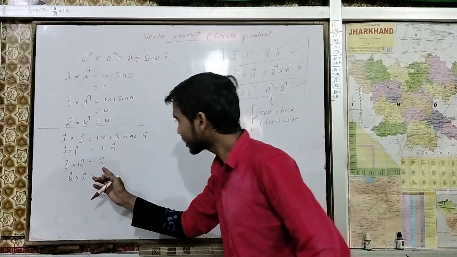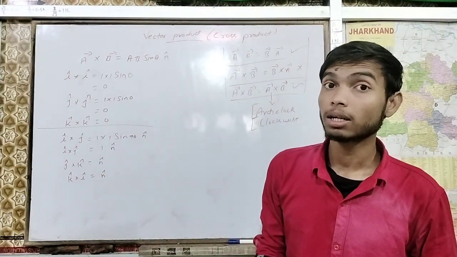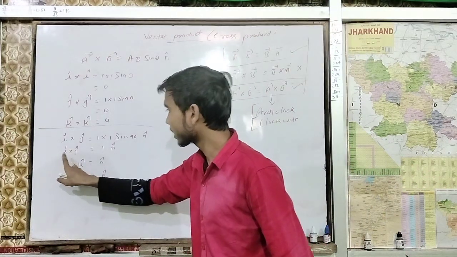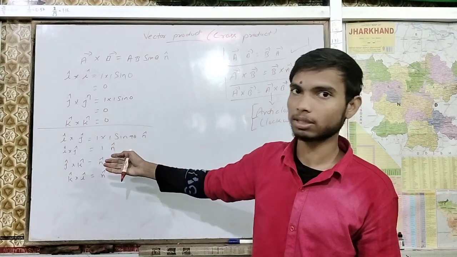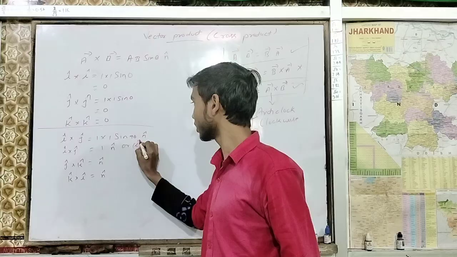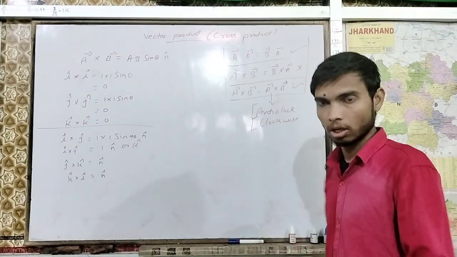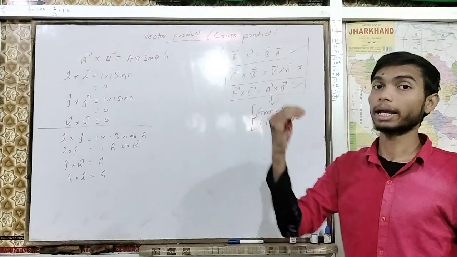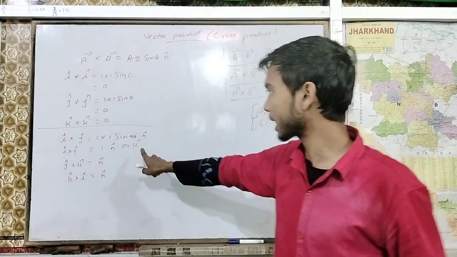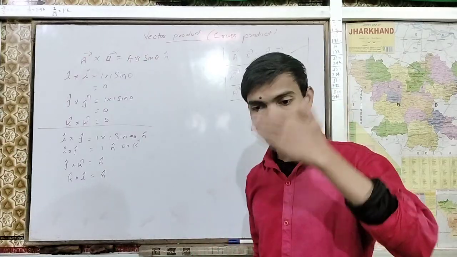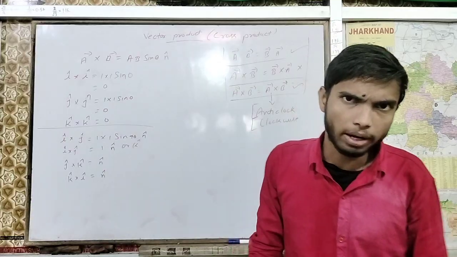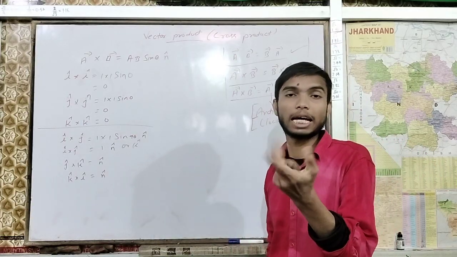Now, this n cap is nothing but the third axis. In this we have i cap, j cap, so next would be k cap. So this is nothing but k cap. But the question is, if our direction is anti-clockwise, in that case this k cap will be positive. But if you are rotating in clockwise, direction would be negative.